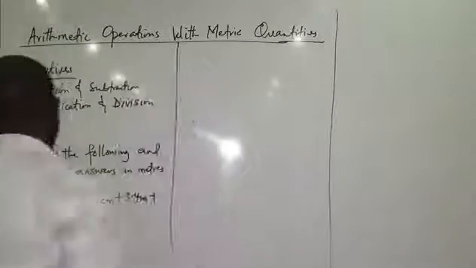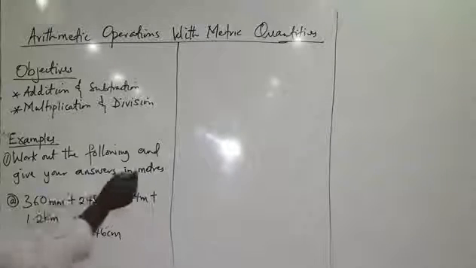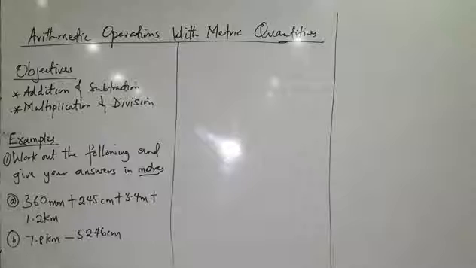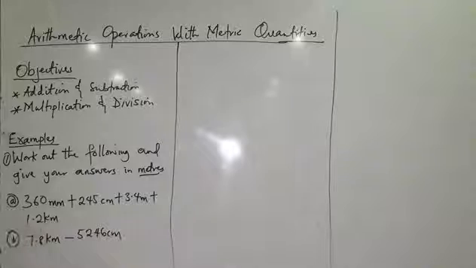Now, the first example says work out the following and give your answers in meters. This is in length. We have 360 millimeters plus 245 centimeters plus 3.4 meters plus 1.2 kilometers.